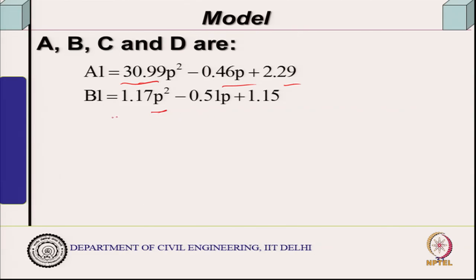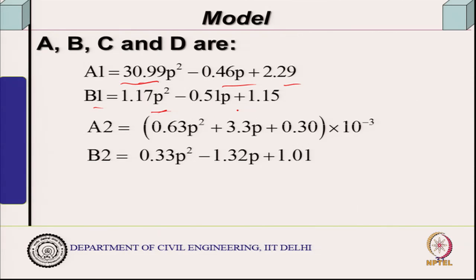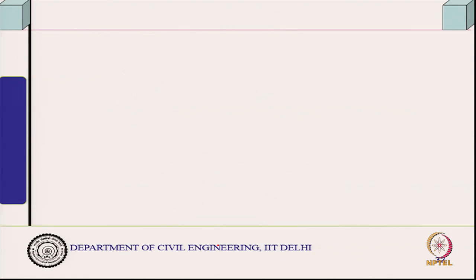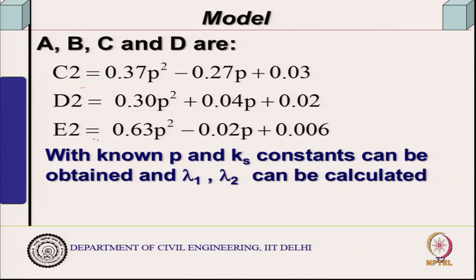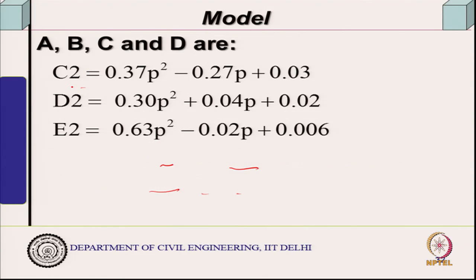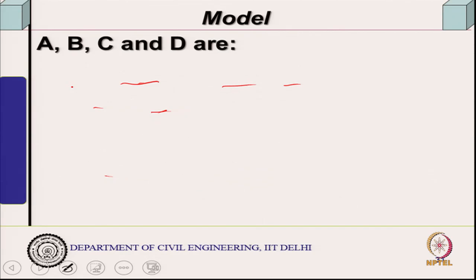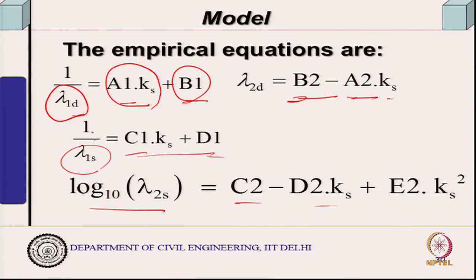So, if you know the porosity, A1, B1, A2, B2, C1, D1, E1, C2, D2, E2 are all functions of porosity. With known P and Ks, the solid conductivity, constants can be obtained for lambda 1, lambda 2, etc. So, these values can be obtained and you can find out lambda 1D, lambda 2D, etc.